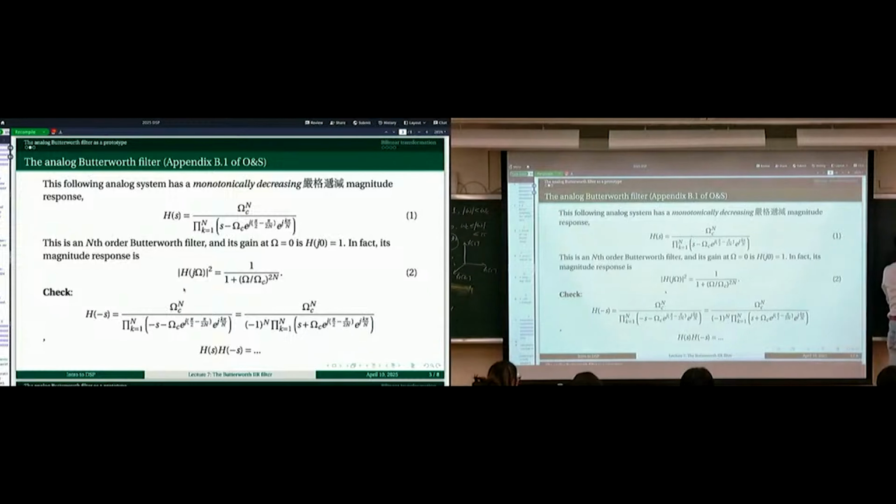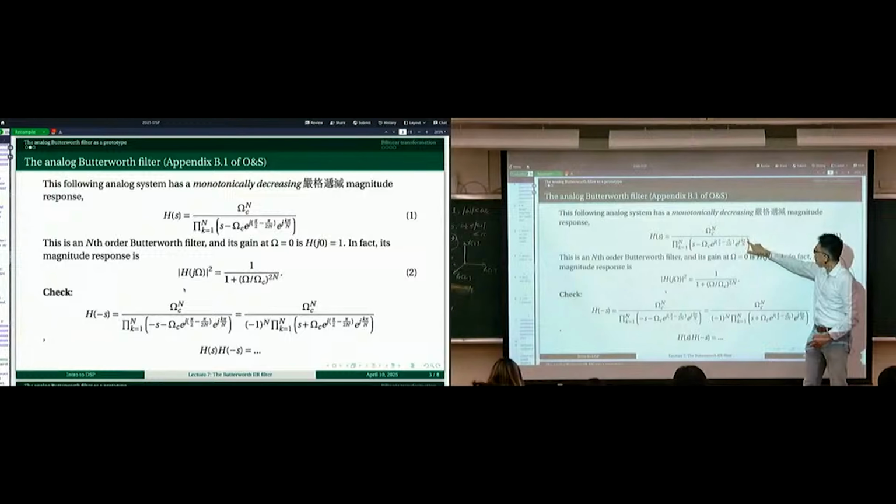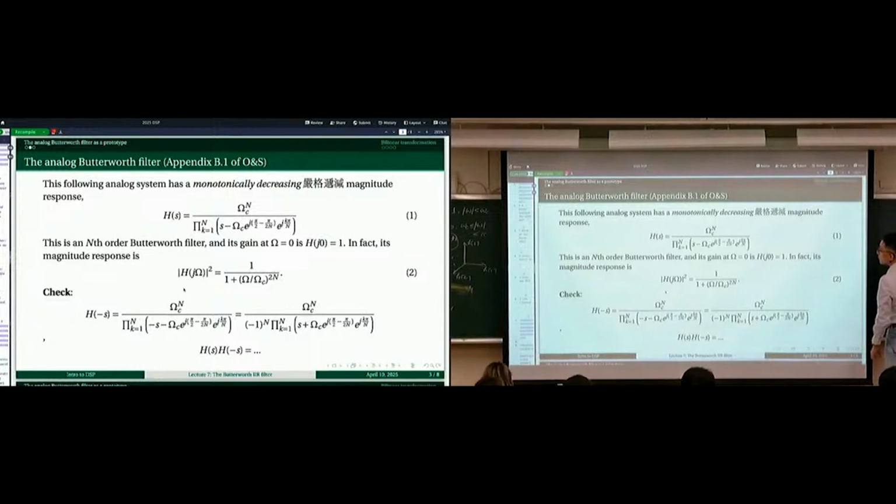Why do we place the poles right here? They are all equally spaced by pi divided by n. That's the difference in angle. Here, that's pi divided by 8, or 22.5 degrees.